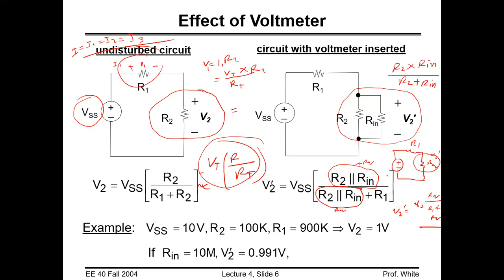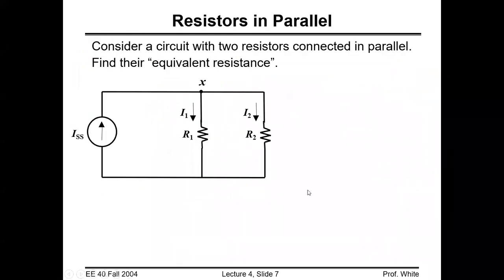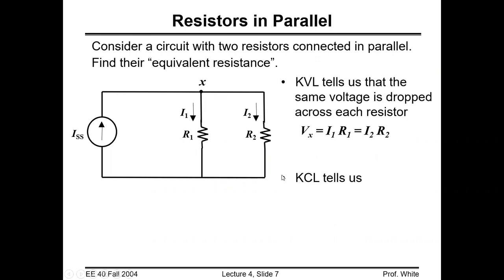Now next, after our voltage divider rules, this is the current divider. Here the voltage is the same, but the source is also current. By KVL, Kirchhoff voltage law, in a parallel circuit the voltage is also the same.